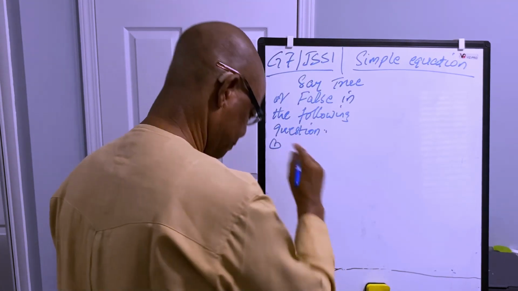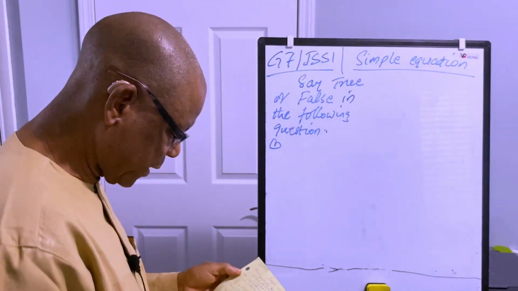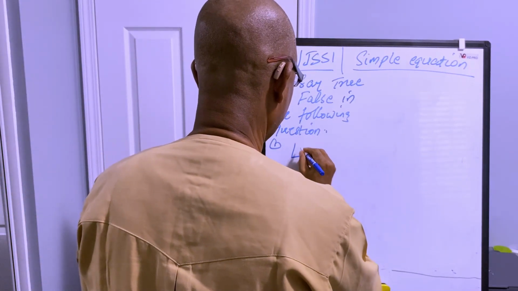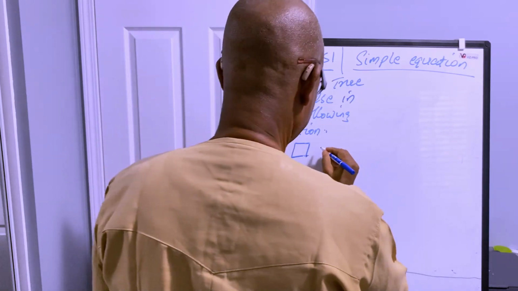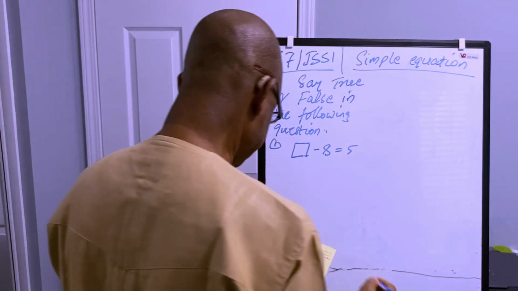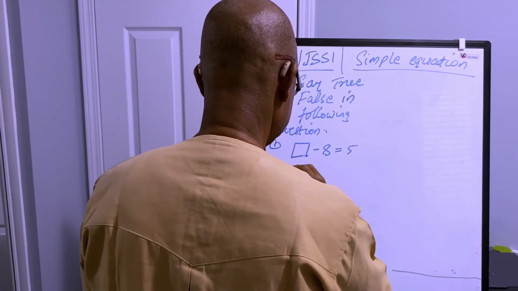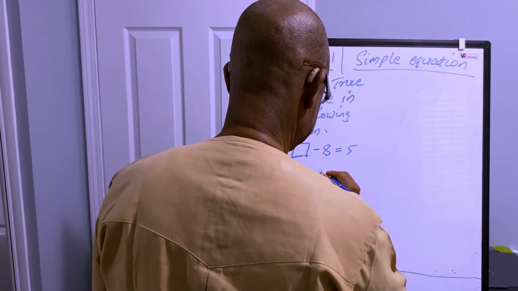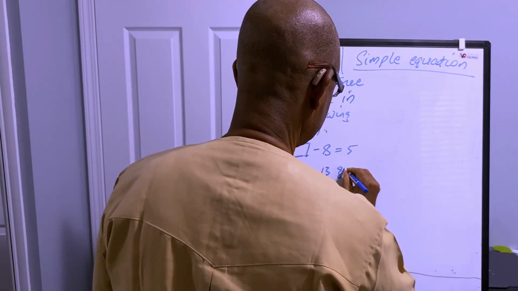Number 1. You are expected to say if it is true or false when we have this box minus 8 equals to 5, and that is when 13 goes in the box.